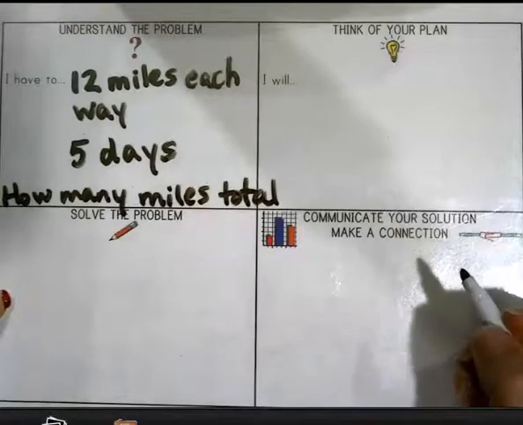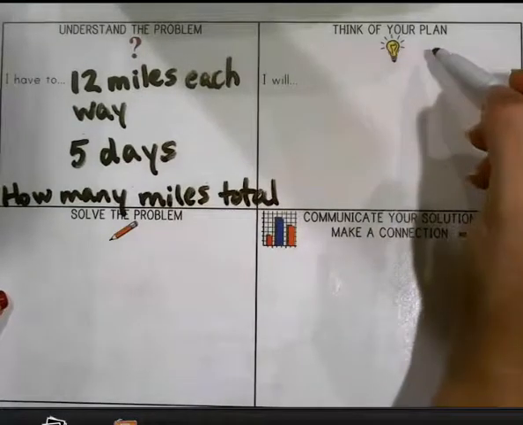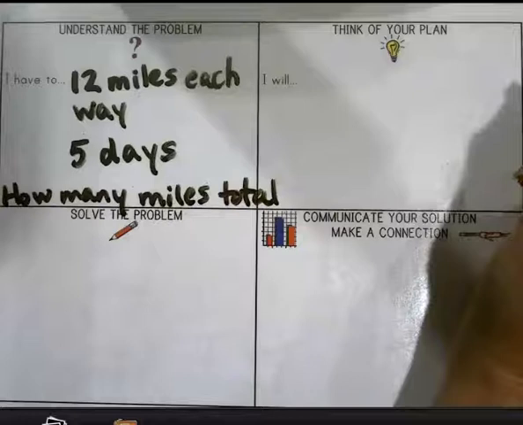All right. So let's see. How should we solve this? What's the plan? We can draw a picture. We can draw a strip diagram. We can decide if we're going to multiply or if we're going to add.